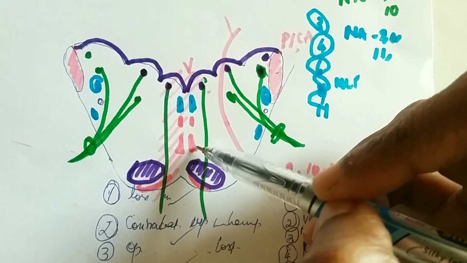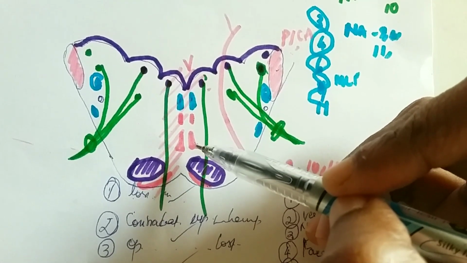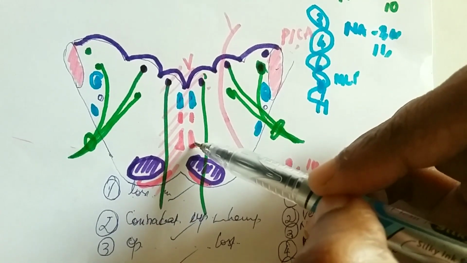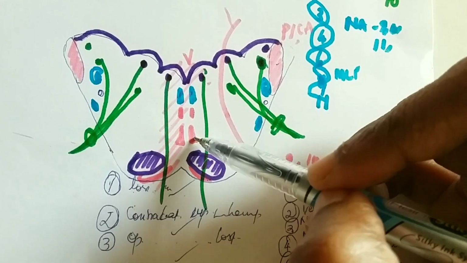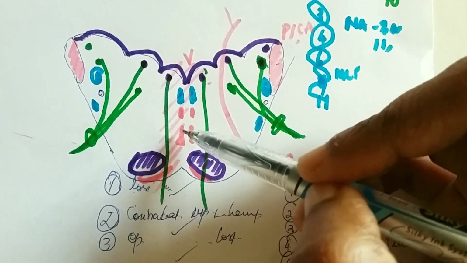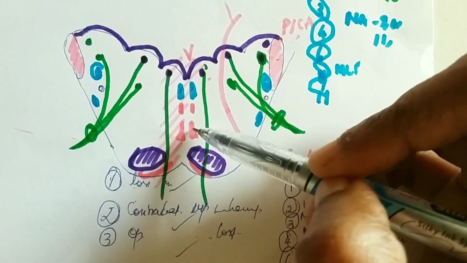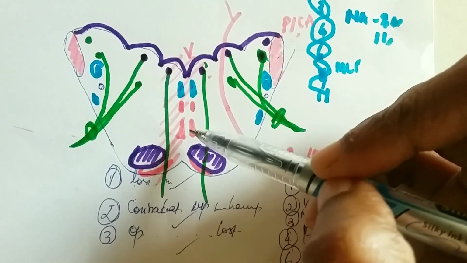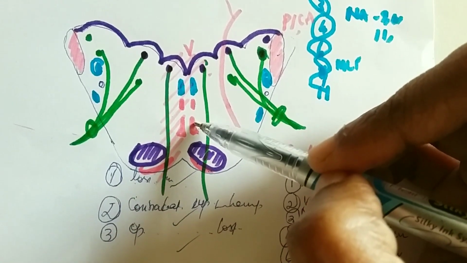It is a crossed fiber of the posterior column. It means it carries proprioception. Proprioception means position sense, joint sense and vibration sense. So it is very important. The medial lemniscus crosses, and that fiber is called internal arcuate fiber. So this is also very important, internal arcuate fiber. This is anterior external arcuate fiber and this is internal arcuate fiber.